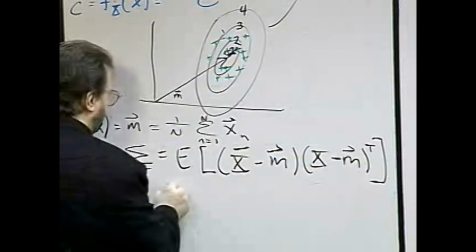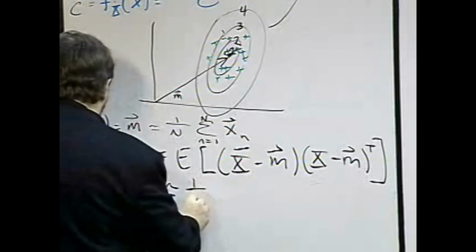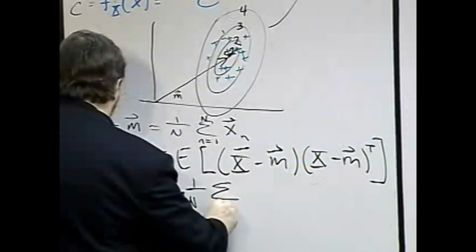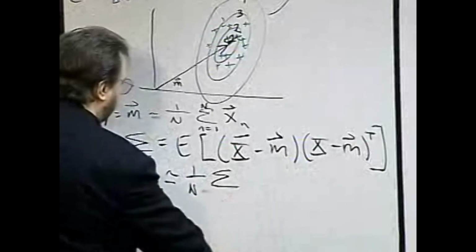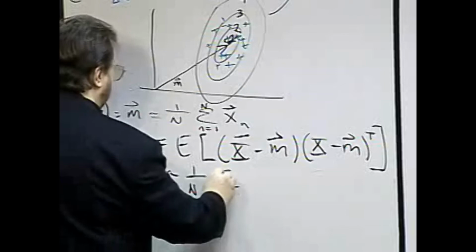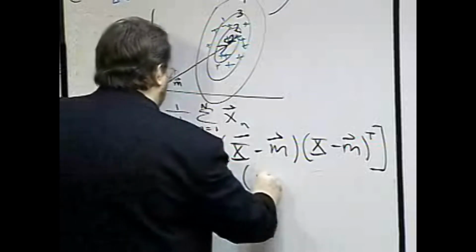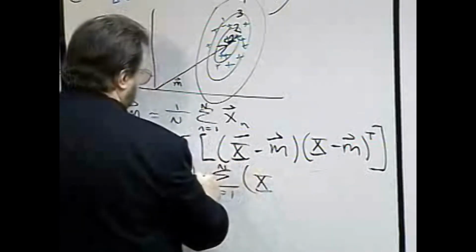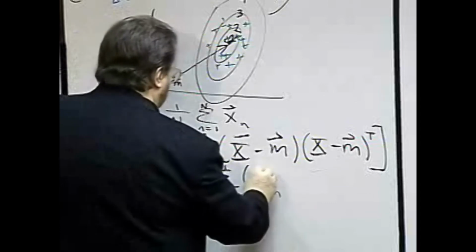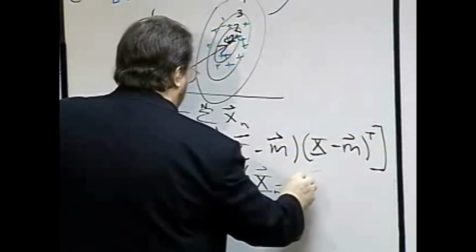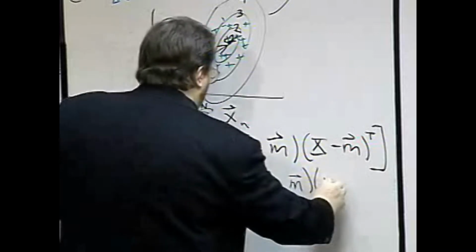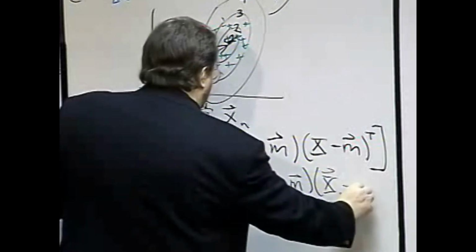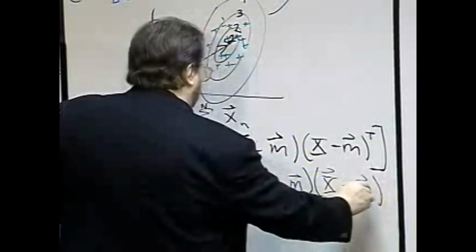And we can estimate it, just like we do the mean, by 1 over n times the summation from n equals 1 to n of (x sub n minus m)(x sub n minus m) transpose.